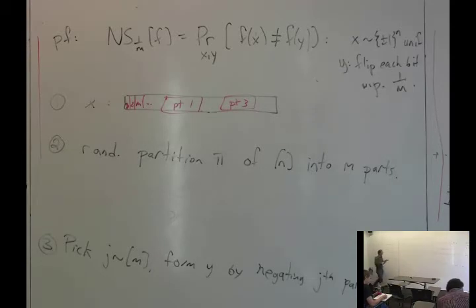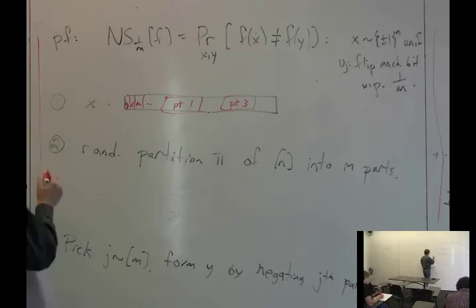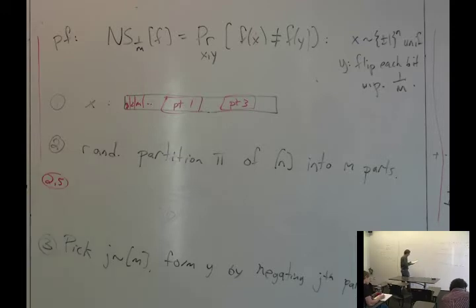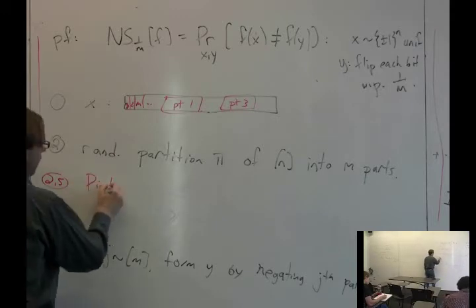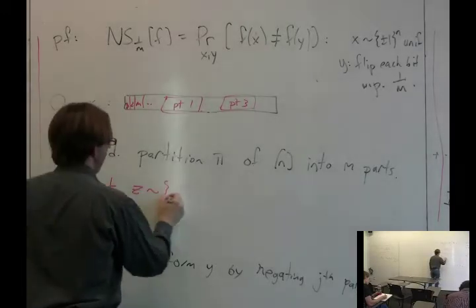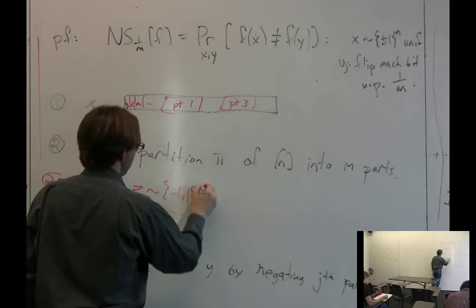Okay, so now we'll do an extra twist, which we also don't need to do, but we're going to do it for analysis purposes. I'll call it step 2.5. I'll sneak it in here. Pick a random string z of m bits uniformly.